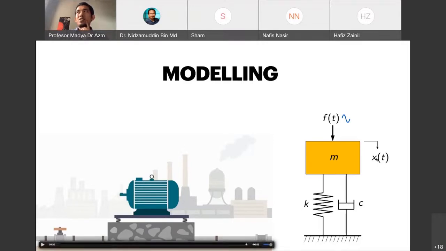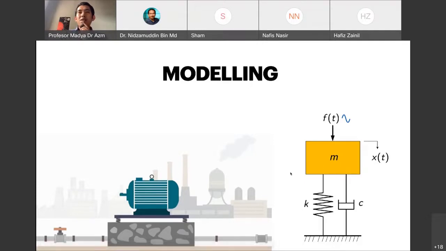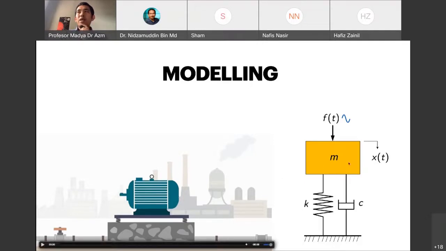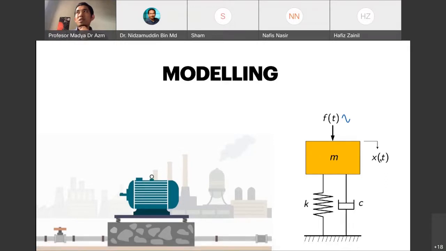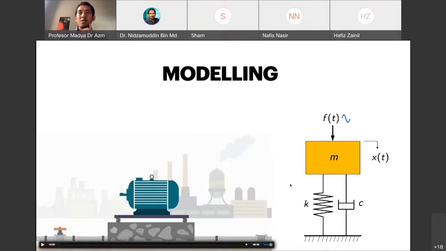Let's say x is a function of time, from the equilibrium. So if we have the equilibrium line, it will go up displacement x and go down displacement x. So this is what we call the mass, spring and damper model in vibrations.